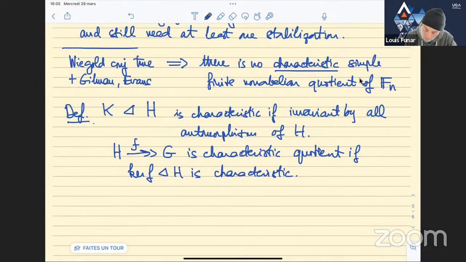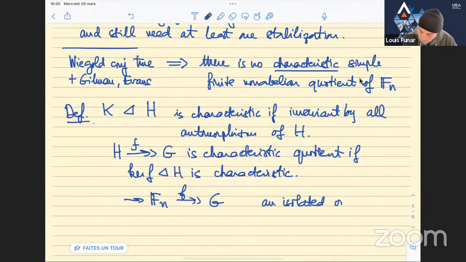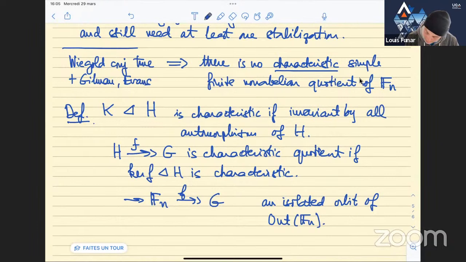So the associated homomorphism from the free group into G is an isolated orbit of Aut(Fn).